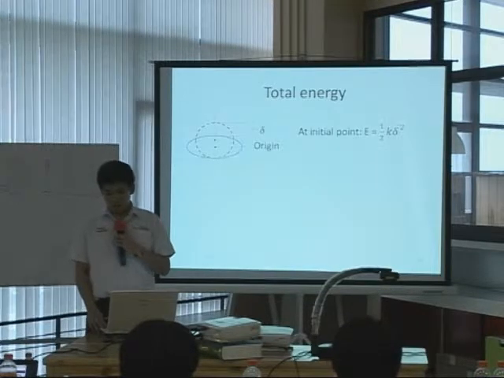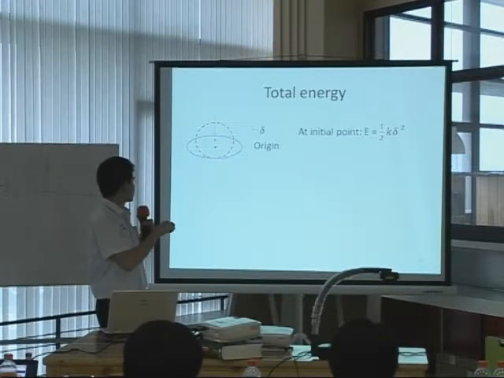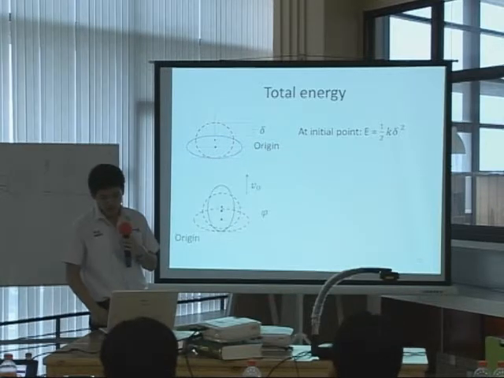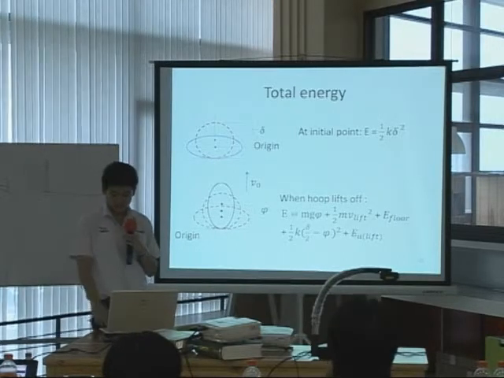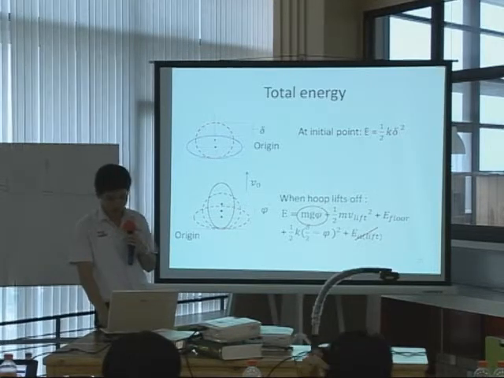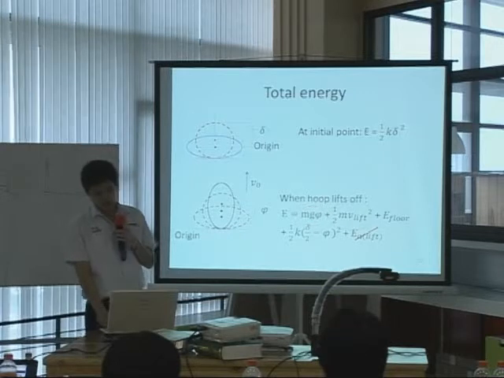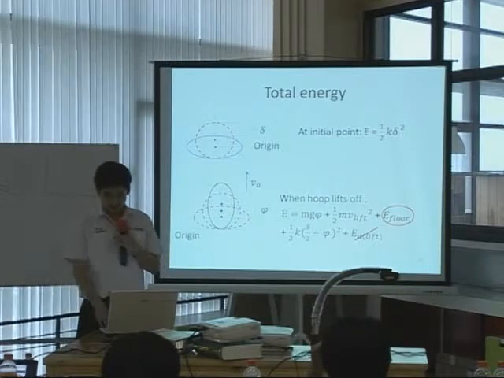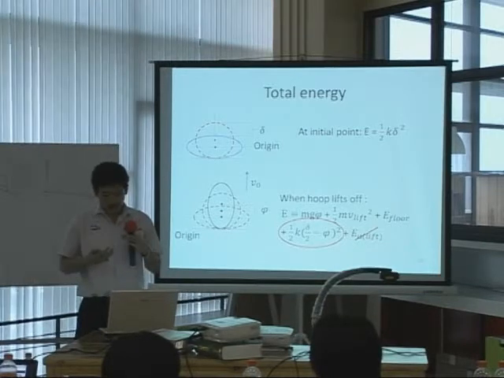And the total energy at the initial point, when I press the force, is a strain energy, and when the hoop lifts off the floor, this term is neglected, and this term is the gravitational energy, and this term is the kinetic energy, and this term is the energy lost to the floor, and this term is the strain energy when it lifts off.